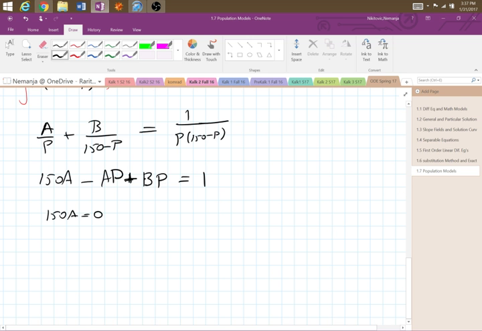So when you have something over x plus or minus c, the setup is A over x plus or minus c. When you have a repeated term, you're going to need this for your repeated linear factors or inverse Laplace.